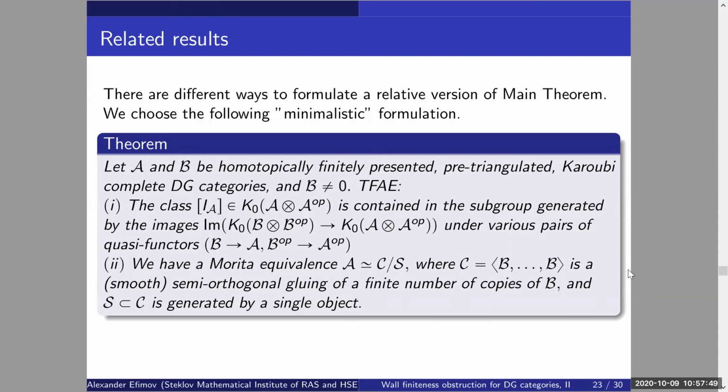So this is the relative version, and it is proved by similar arguments, actually just the same arguments which I already used in proving the main theorem. The main theorem was for the case when B equals K, basically just n-dimensional vector spaces.